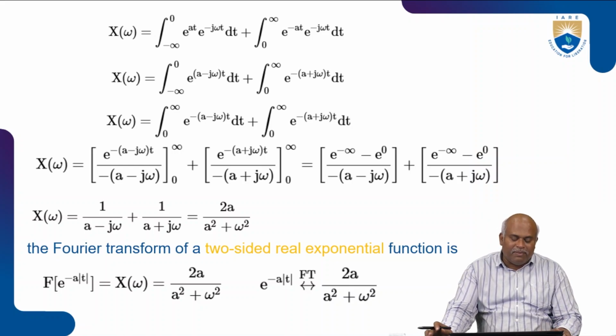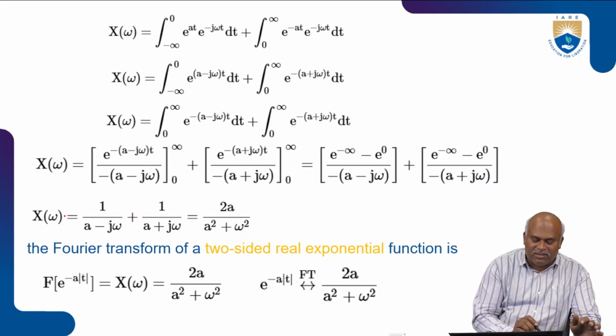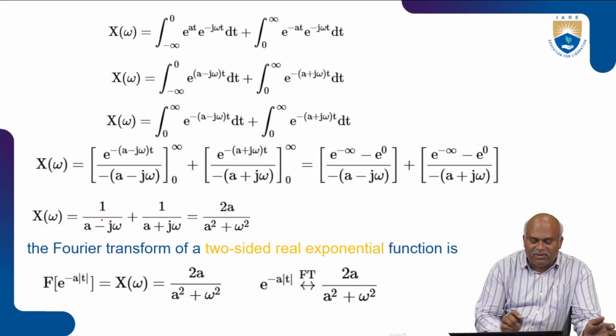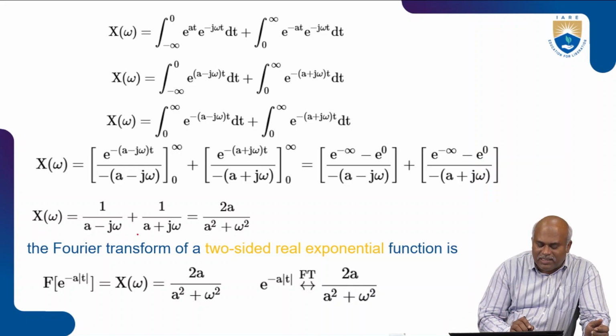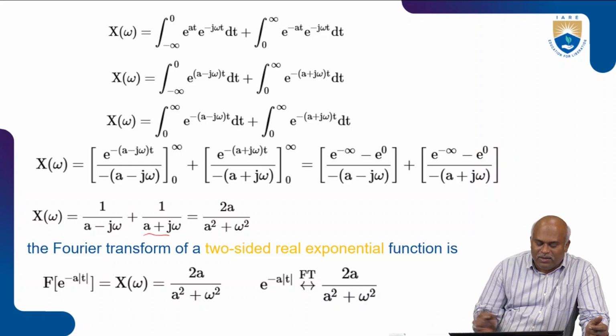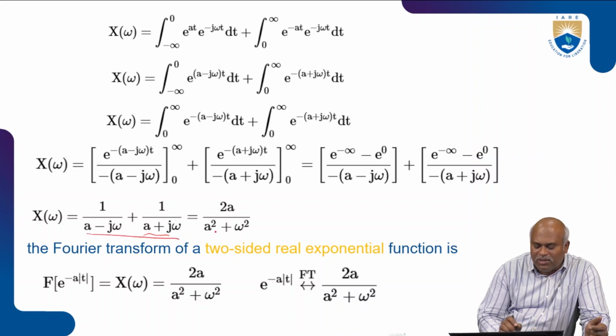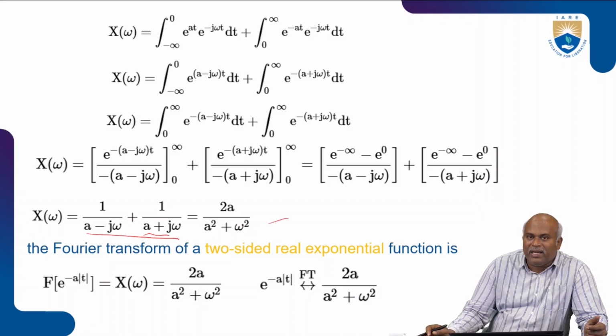In that case Y of omega is represented as another term. The first term is 1 by a minus j omega, and the other term is represented as 1 by a plus j omega. Now we can simplify both. We get X of omega equal to 2a divided by a square plus omega square.